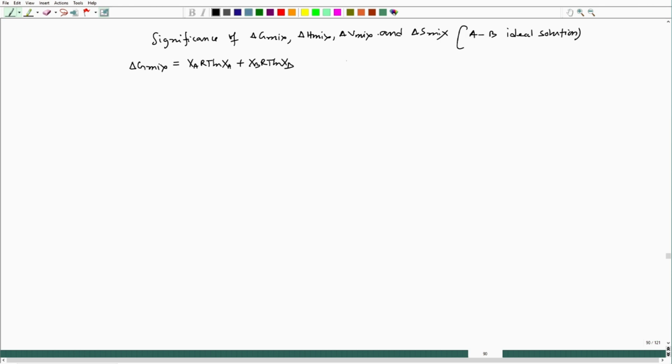Fine. Now, if we consider any composition other than a pure component, then XA as well as XB would be less than 1 and greater than 0. So the ln terms become negative, and then the whole expression also becomes negative.